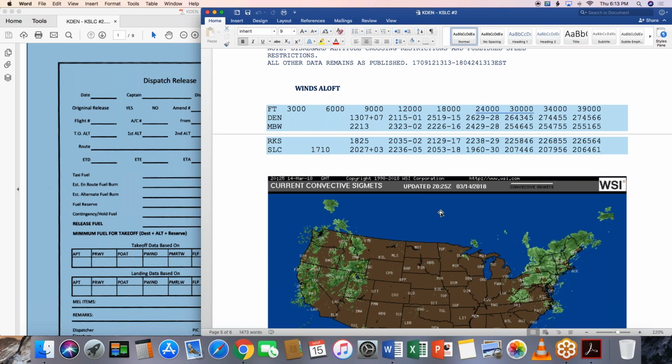I forgot how to interpolate the winds aloft if we're going in between. I know how to do it, but I forgot. So you know how to run averages, right? If you're going to run an average between both of these sections, you're going to add each one of these up. 270.